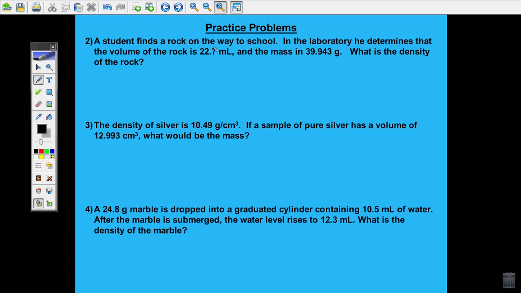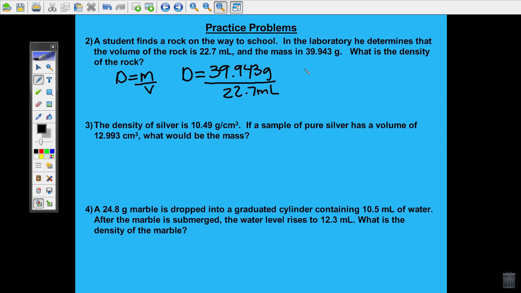Okay, some more practice. A student finds a rock on the way to school. In the lab, he determines that the volume of the rock is 22.7 milliliters and the mass is 39.943 grams. What is the density? Okay, so my density equation is mass divided by volume. So I'm just going to set this up. 39.943 grams over 22.7 milliliters.